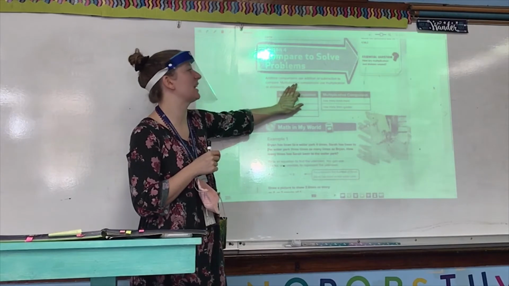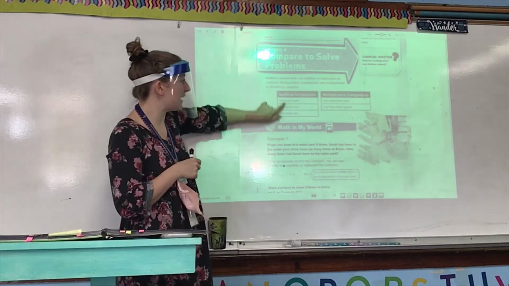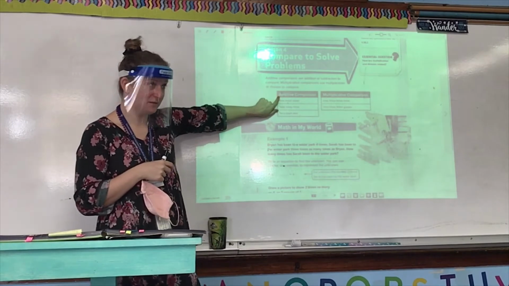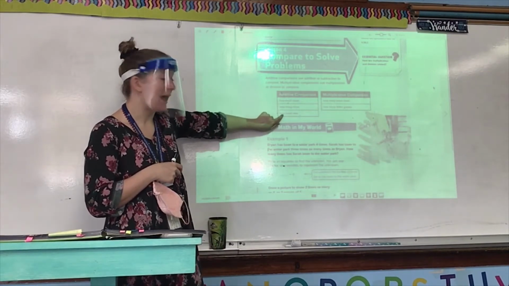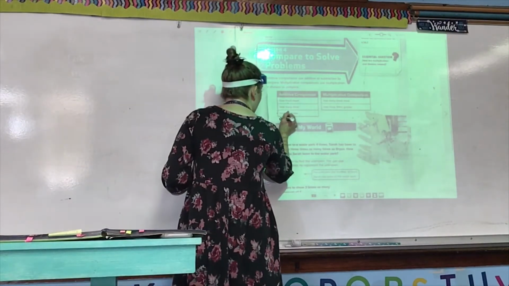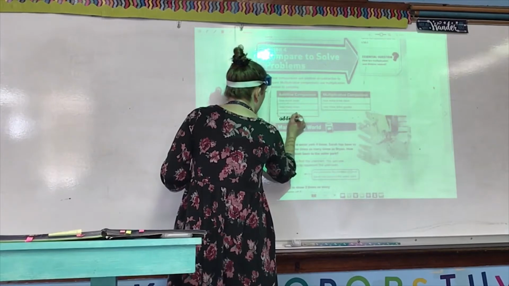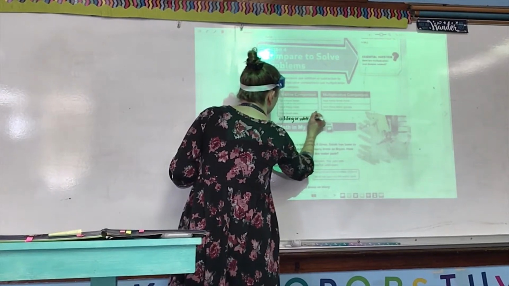These multiplicative comparisons. So if you see an additive comparison, like the words how much more, how many more, how much less, that means you will be adding or subtracting.